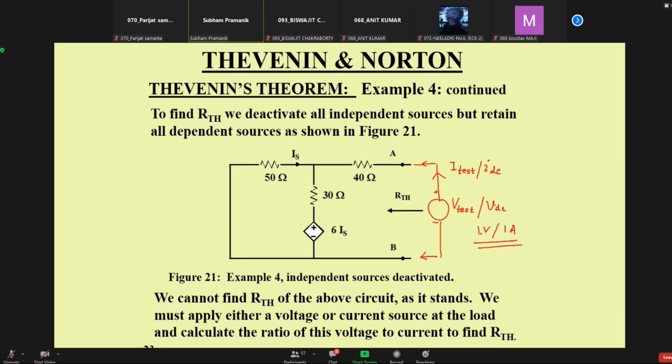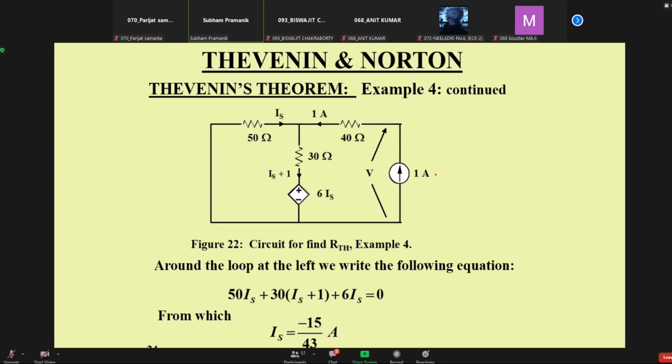See this, here I connected a 1 ampere current source as a test current. So our aim is to find the voltage across this, which is V. Once you have V divided by 1, that is our Thevenin's equivalent resistance.